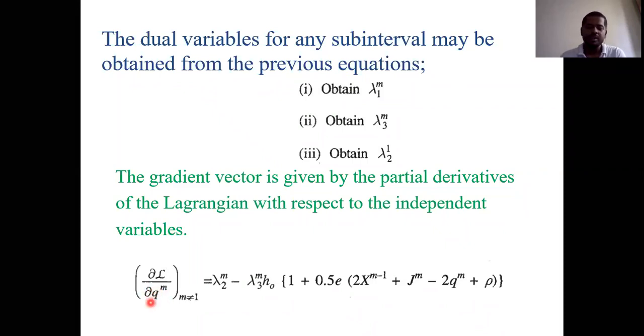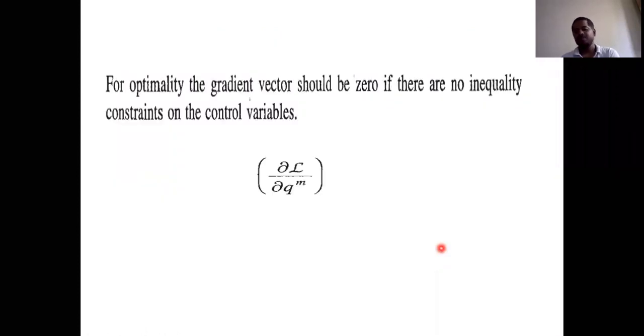So when you do a partial differentiation of your Lagrangian function with respect to the control variable, that is Q, you get the gradient vector. For the optimality condition, this vector must equal 0. This is nothing but our final solution for this algorithm.